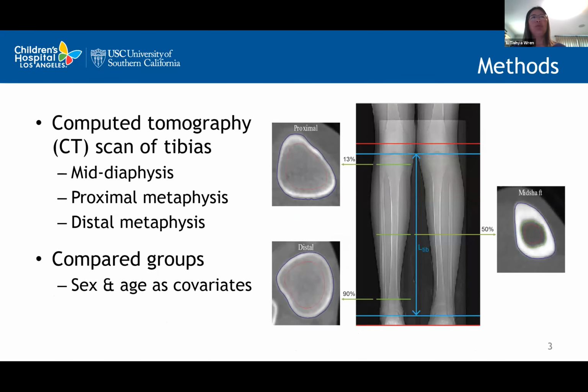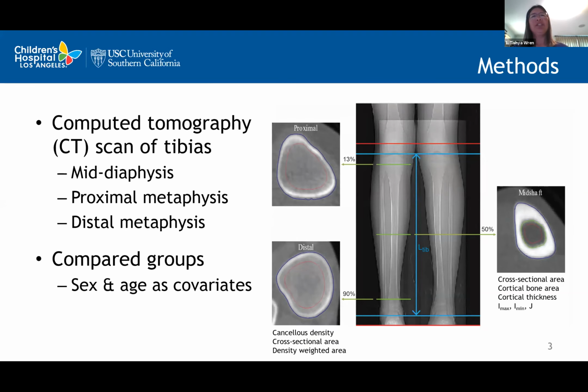To assess the bone, we conducted computed tomography imaging of the tibias, and in this study, we looked at a slice at the mid-shaft at 50% of bone length, the proximal metaphysis at 13% of bone length, and the distal metaphysis at 90% of bone length. At the mid-shaft, we looked at geometric properties primarily, including cross-sectional area, cortical bone area, cortical thickness, and moments of inertia.